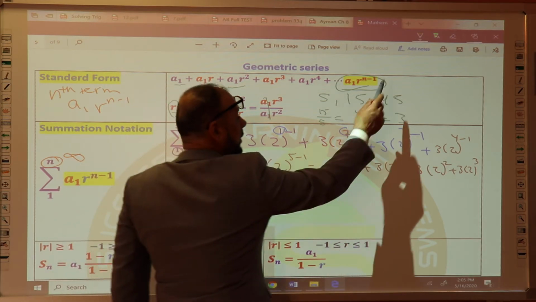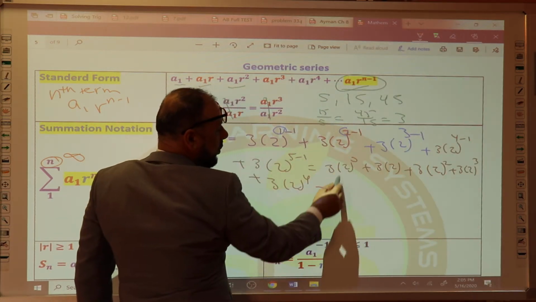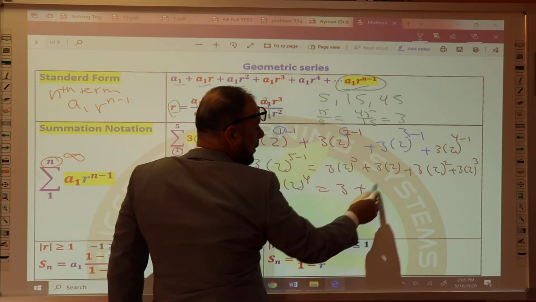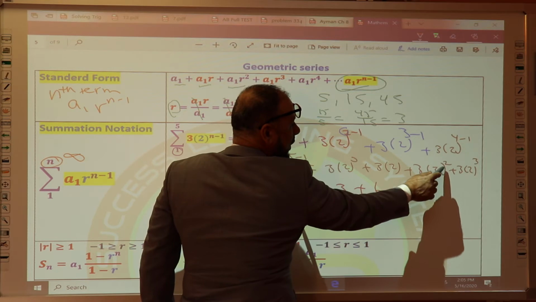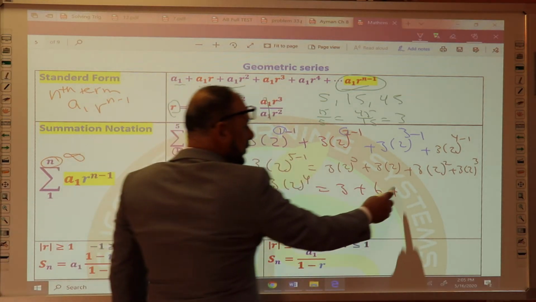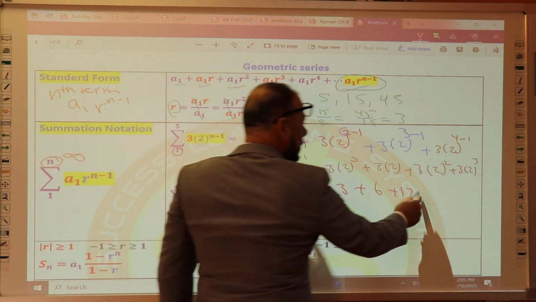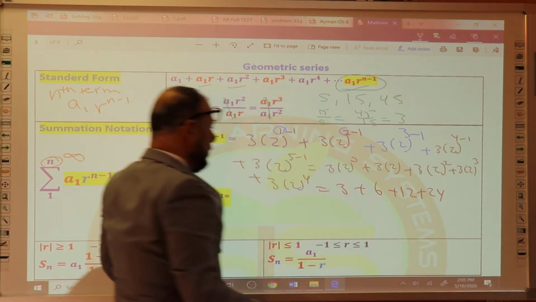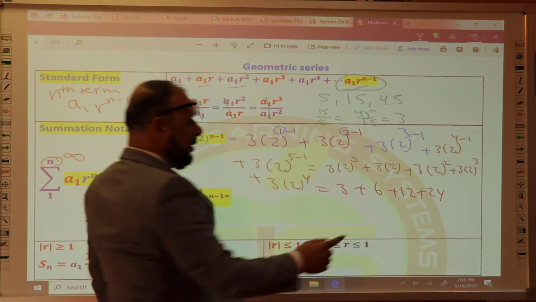Then you solve it. 2 to the power 0 is 1, so 3. Then 6; 2 squared is 4 times 3 is 12; 2 cubed is 8 times 3 is 24; 2 to the 4 is 16 times 3 is 48.